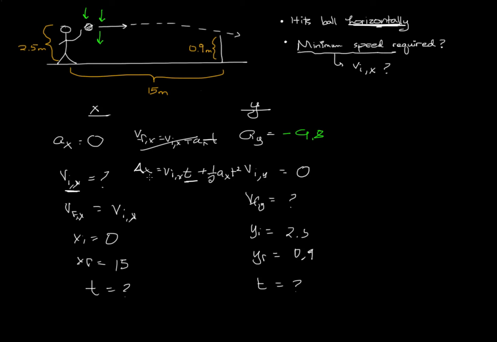So we're kind of stuck with this as well. And our last option is v final in the x direction squared minus v initial comma x squared equals 2a delta x. And again, we can't do this, because we know v final in the x is the same as v initial in the x, so if we plug that in, we're just going to get 0 equals 0. So again, all three of these do not work.